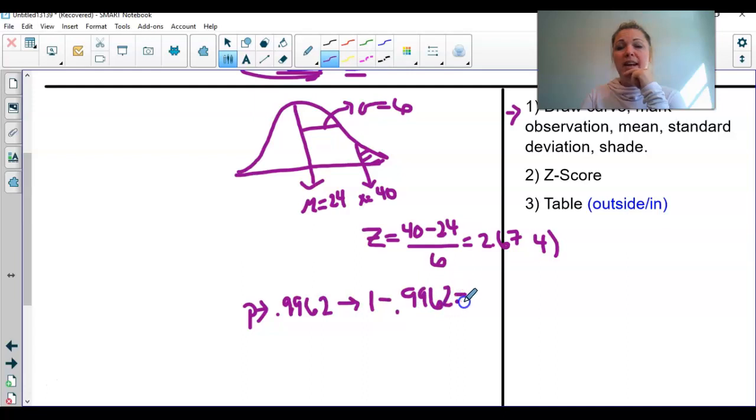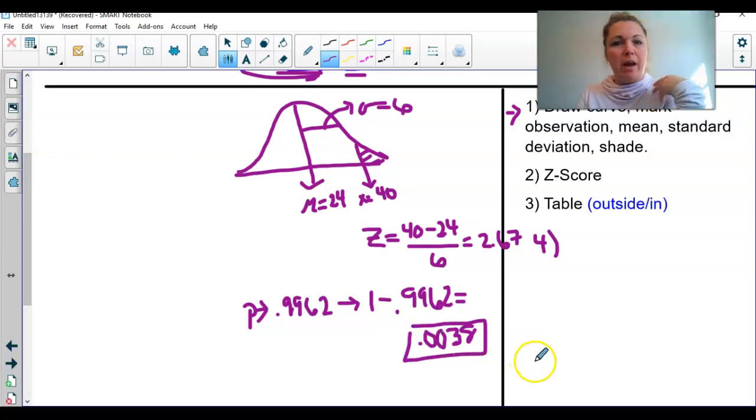And when I get that, I get 0.0038, okay? And that's the proportion. And if you want to keep it as a proportion rather than a percent, I'm fine with that. That's not a big deal to me, okay?